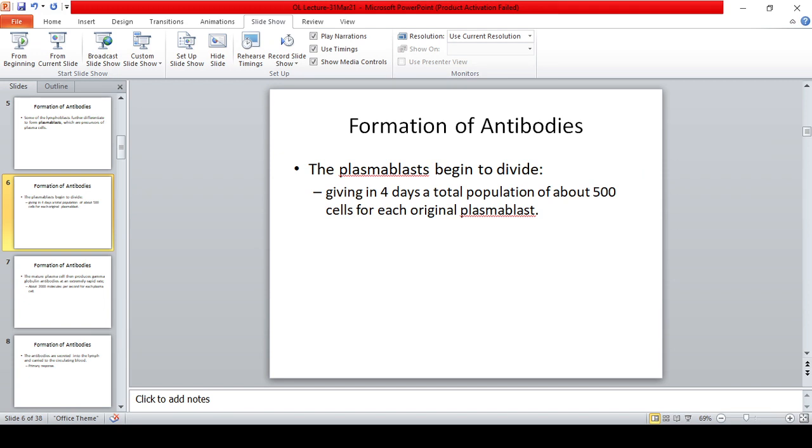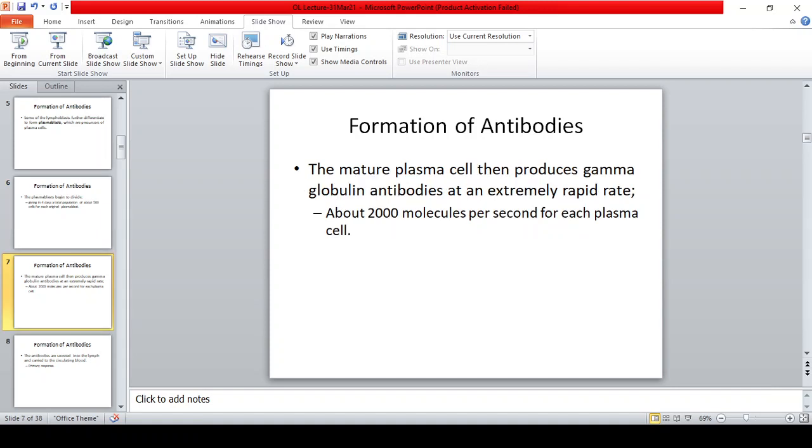The plasmablasts begin to divide, and they give a total population of about 500 cells in 4 days from each original plasmablast.